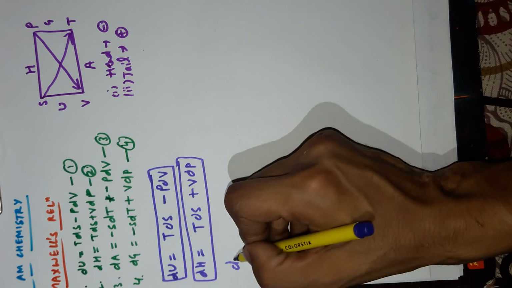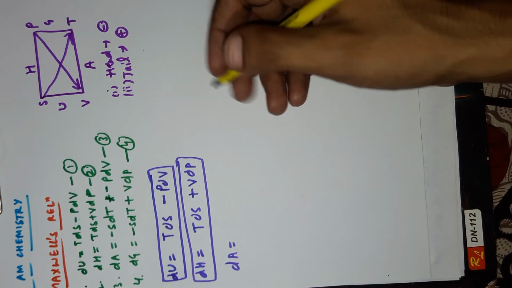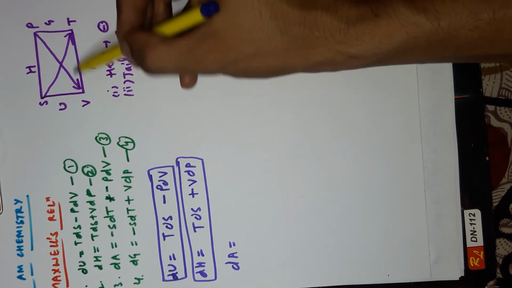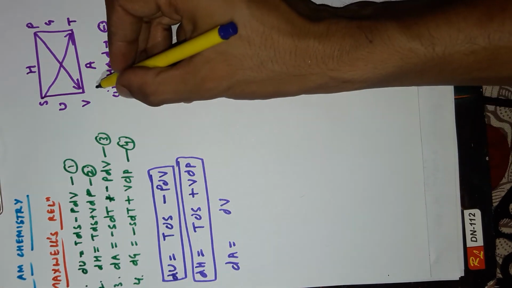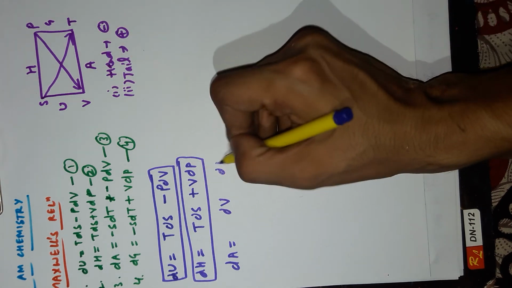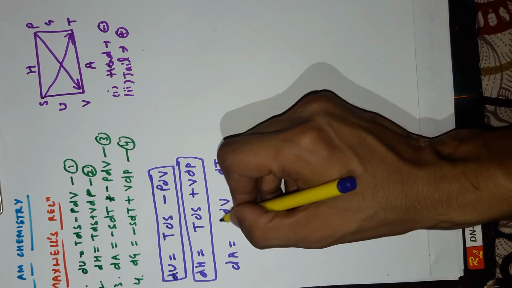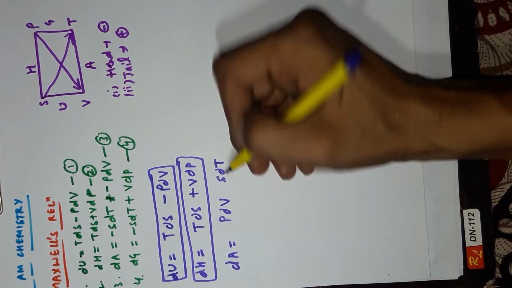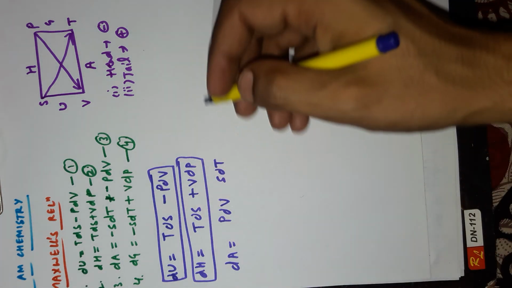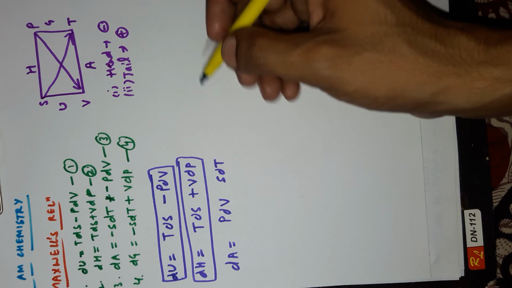Let's do similarly for dA. So then dV and dT. In the diagonal relationship of V we have P, and in the diagonal relationship of T we have S. Now let's take a look at the sign between them.